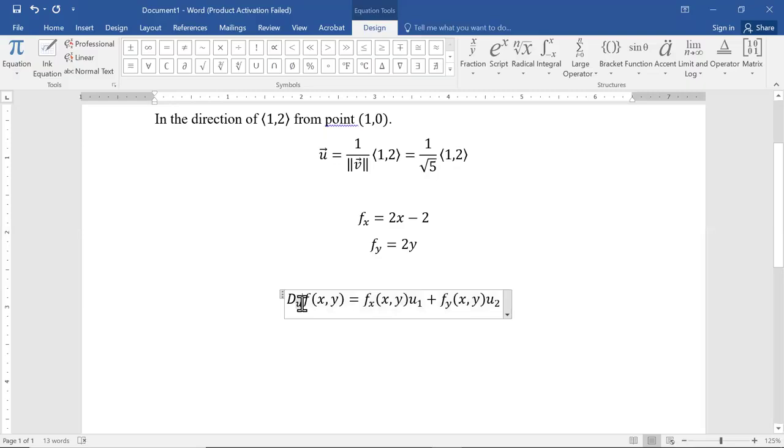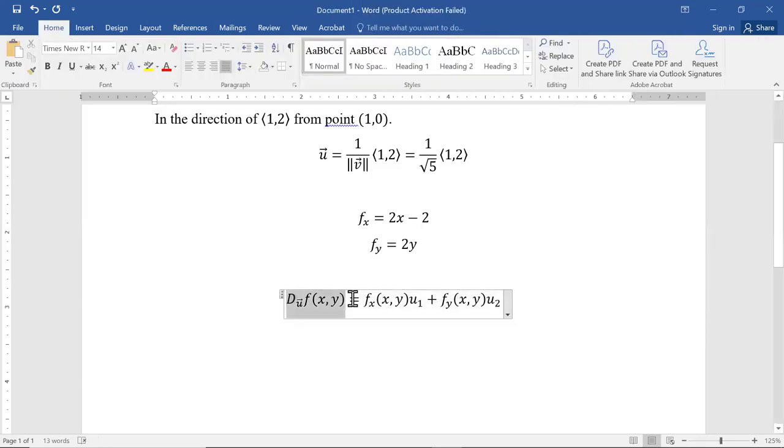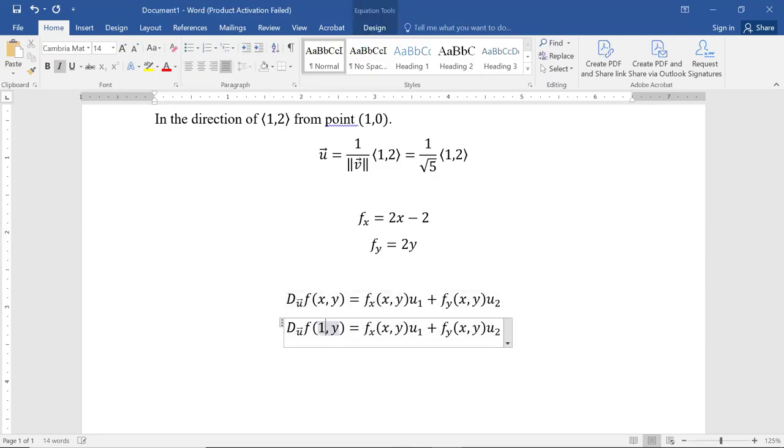So that's the idea. That's my directional derivative. Technically, this u should be a vector u. Let's see if we can accent that correctly. There we go. So that's my directional derivative in general. And if I'm plugging in the point 1, 0, then I plug it into my first derivative with respect to x, and I'll plug it into my first derivative with respect to y.